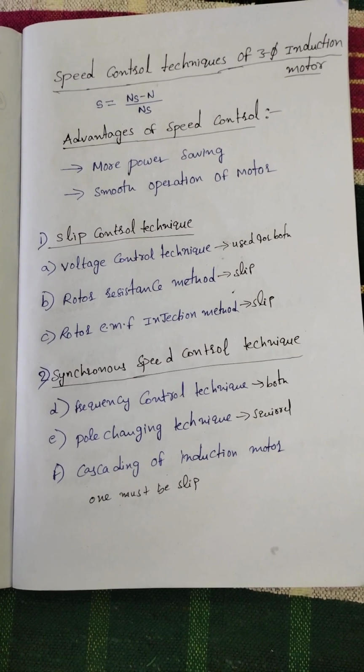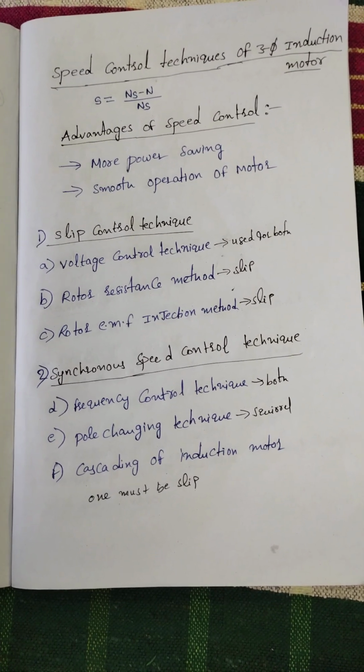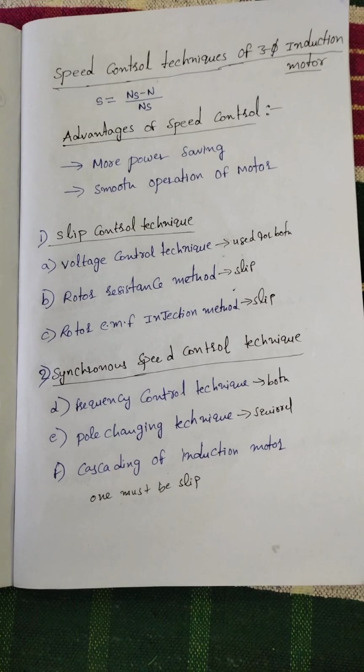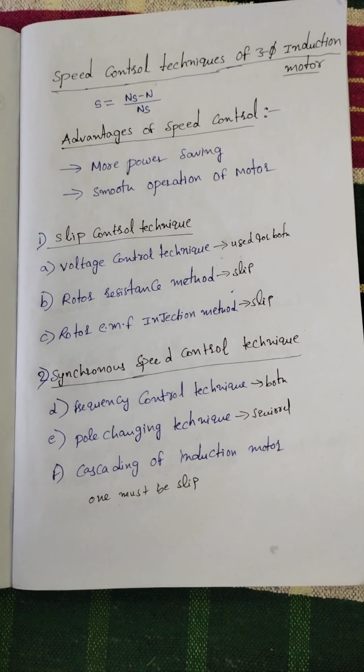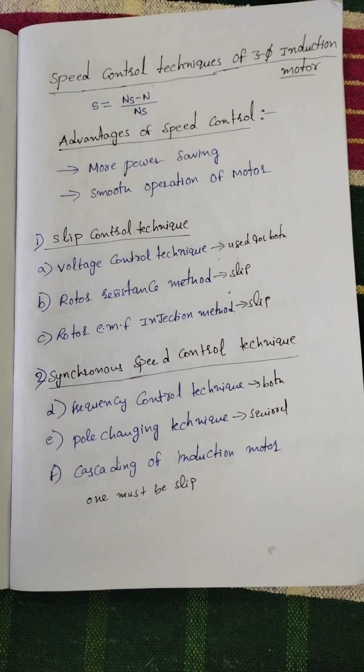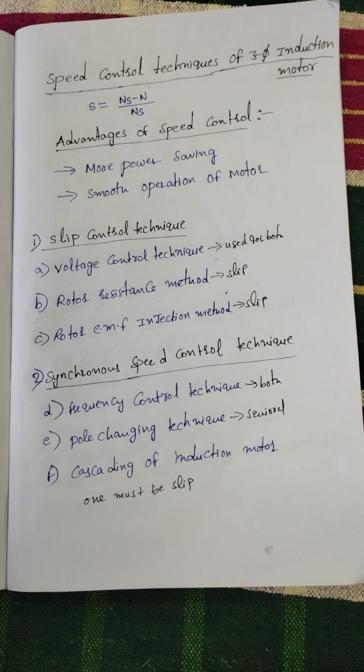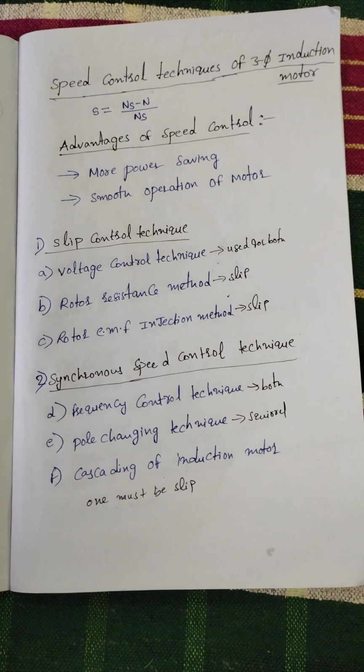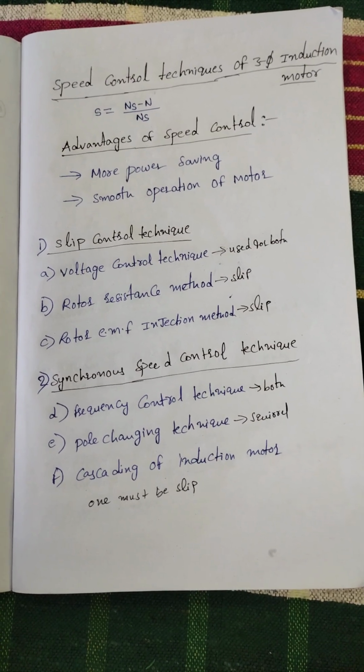The second way is speed control by controlling the synchronous speed. In this, the first one is the frequency control technique, which is used for both squirrel cage and slip ring induction motors.